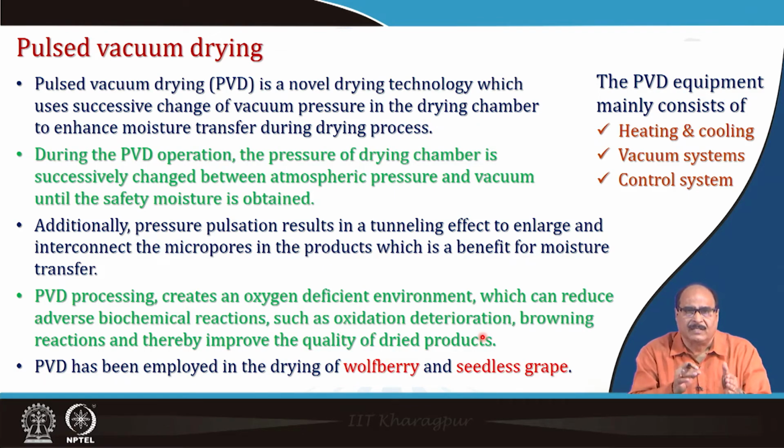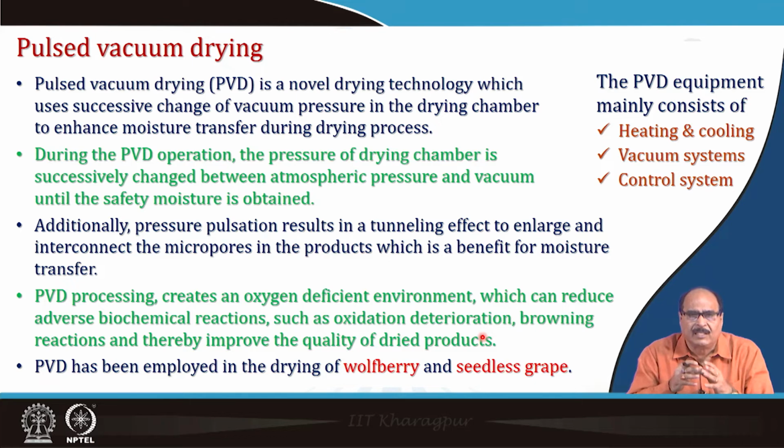Additionally, the pressure pulsation results in a tunnel effect that enlarges and interconnects the micropores in the product, which benefits moisture transfer. PVD processing creates an oxygen deficient environment which can reduce adverse biochemical reactions such as oxidation, deterioration and browning reactions, thereby improving product quality.